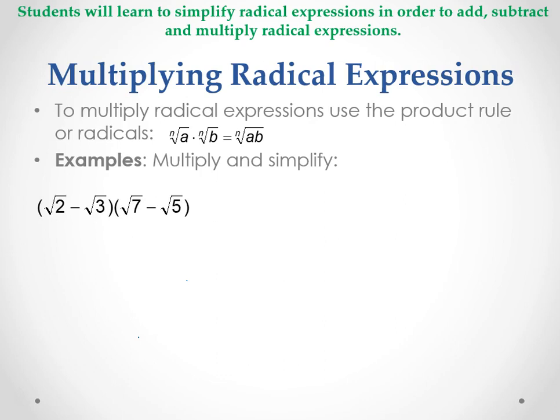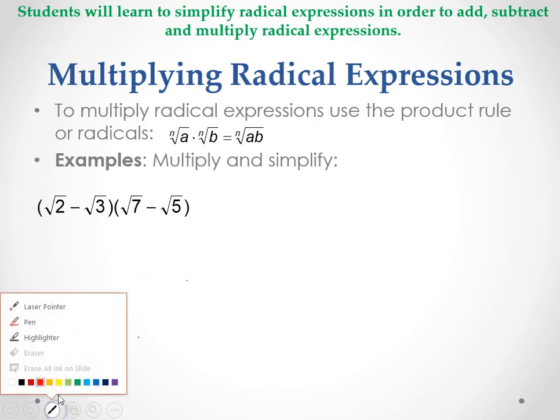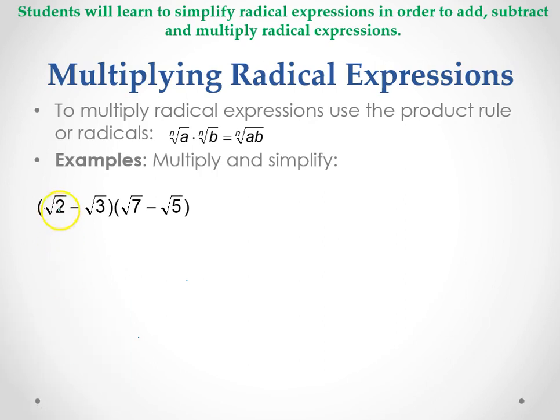Okay, so if we're multiplying binomials, we still do the same thing. We're going to FOIL. So the square root of 2 times the square root of 7 is the square root of 14. The square root of 2 times the negative square root of 5 is the negative square root of 10. The square root of 3, which is negative, times the square root of 7 is negative square root of 21.